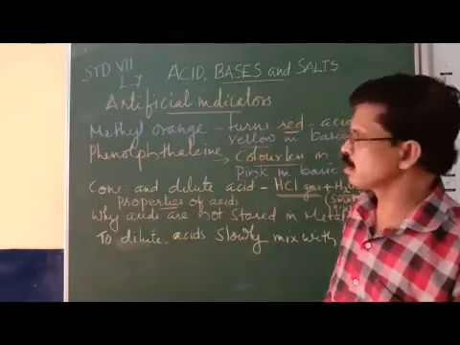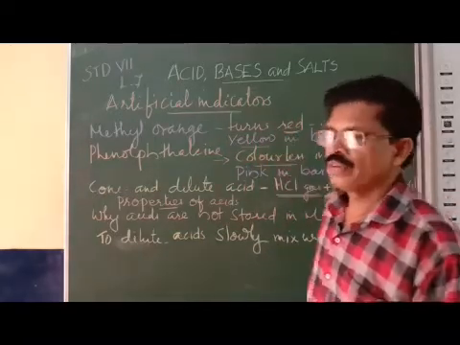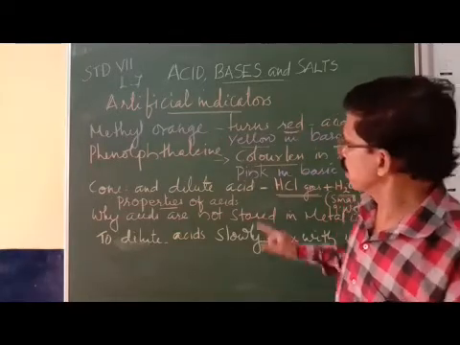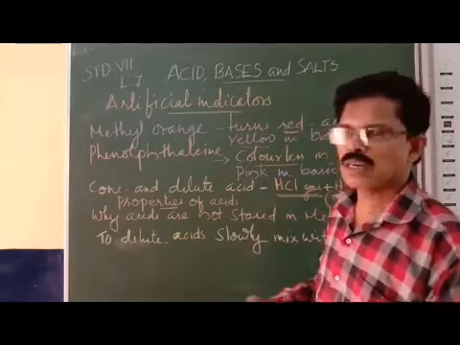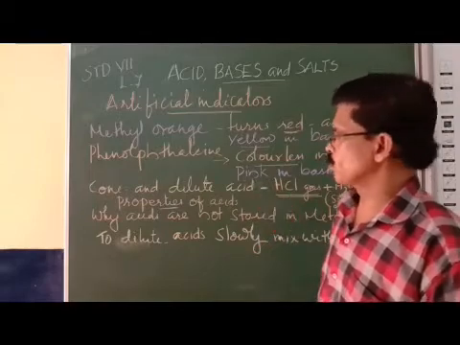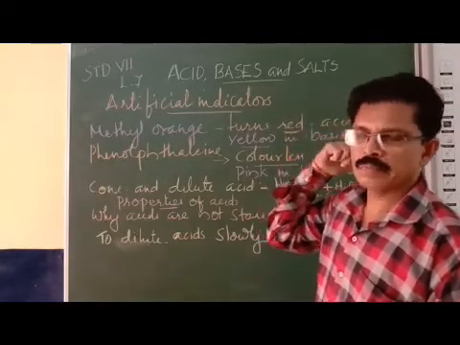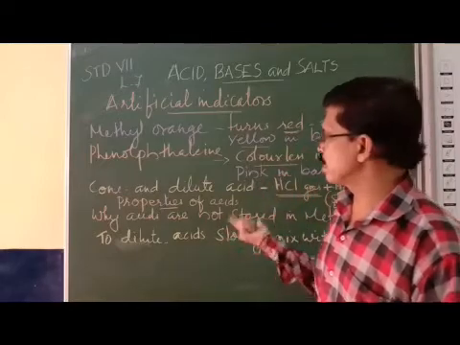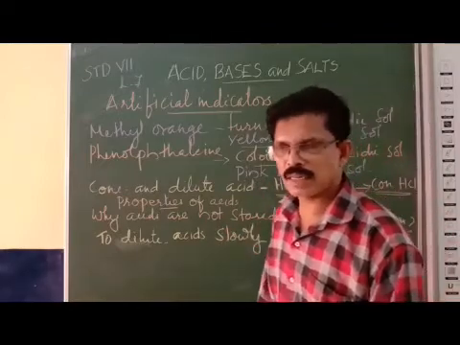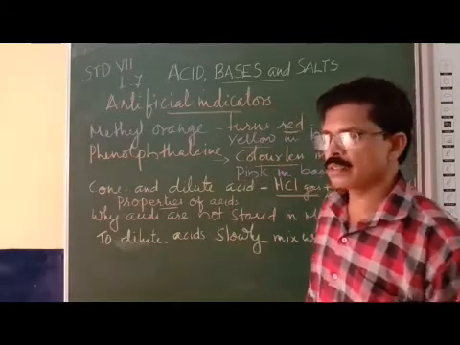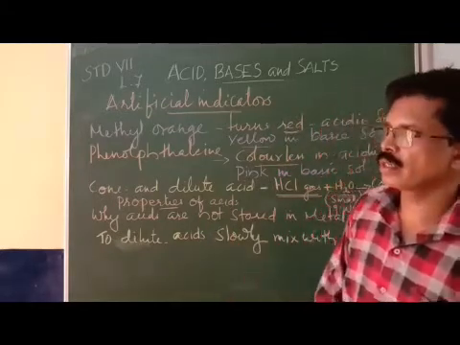Phenolphthalein shows no color change in acidic solution, but changes into dark pink in basic solution. There are two forms of acids, concentrated and dilute. Concentrated acid contains less water dissolved in it, whereas dilute acid contains more water dissolved in it.